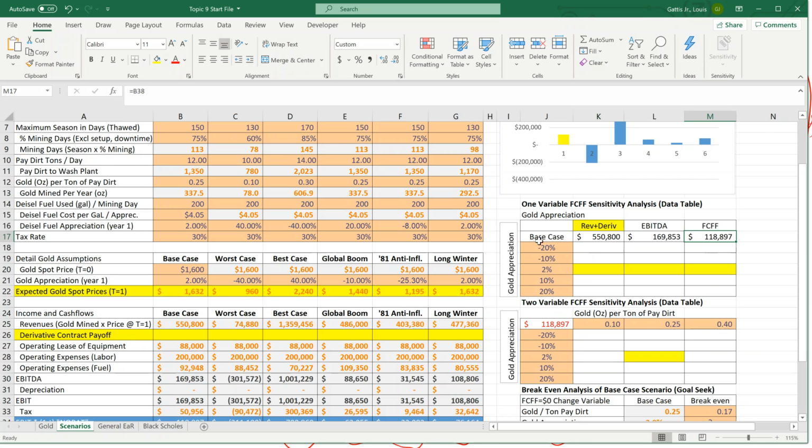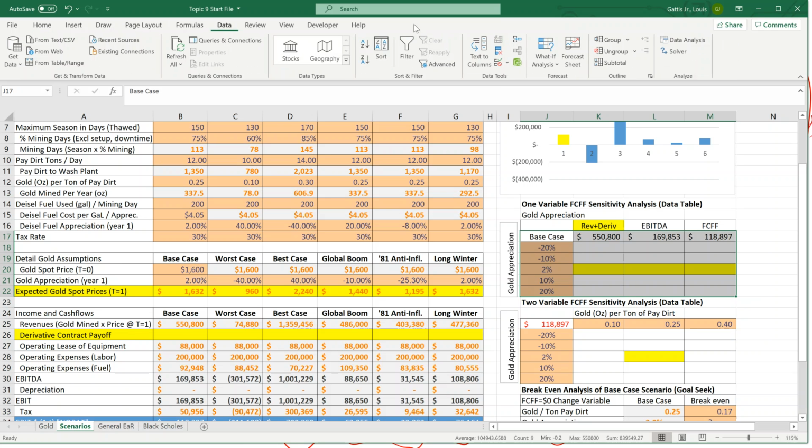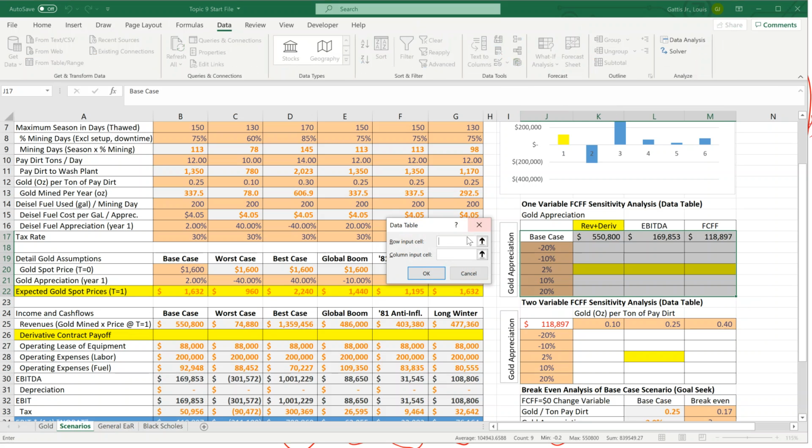And I want to see how all those are affected from just gold appreciation going plus or minus 20%. So I'm going to select that data. I'm going to go data, what if, data table. This is a one factor in which the factors are in columns.